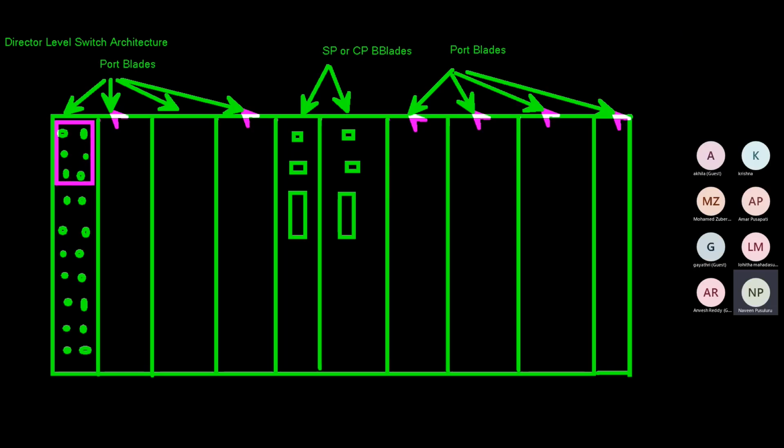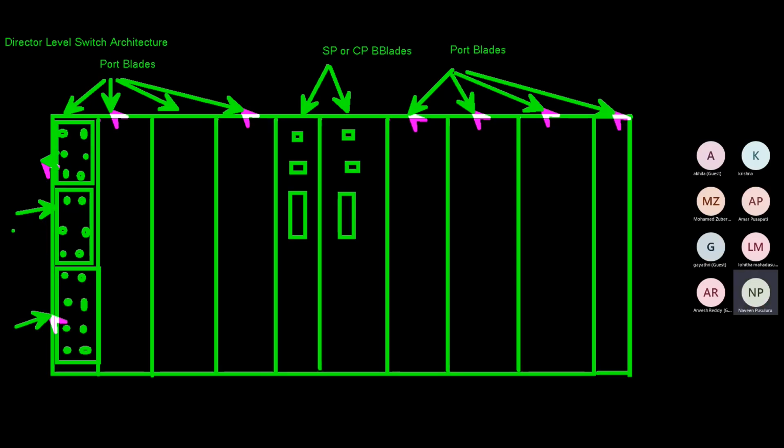Again, in the port blade, all the ports will be divided into groups. We'll call them port groups. This is one port group, this is another port group. Like that, all the ports in a single blade are divided into port groups.